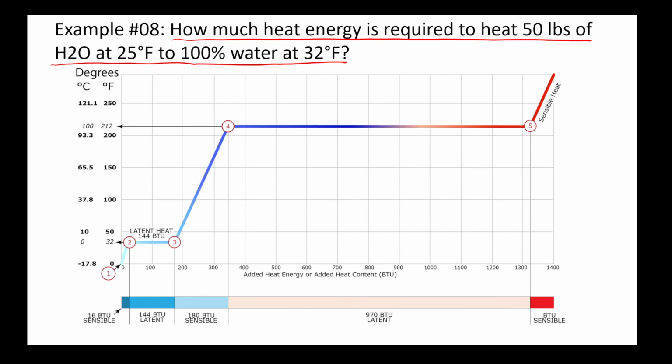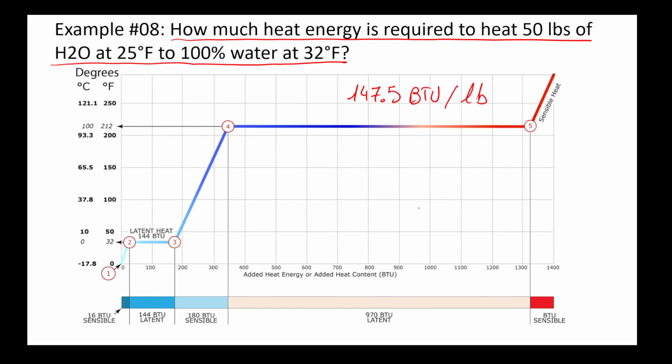Well, we calculated that for 1 pound in the previous example, and it came up to be 147.5 BTUs per pound.